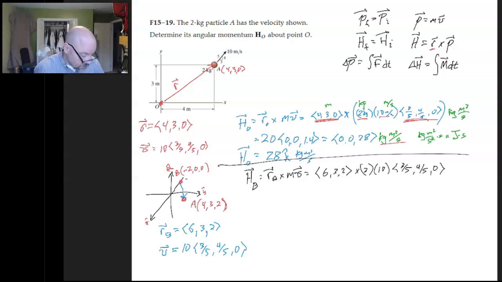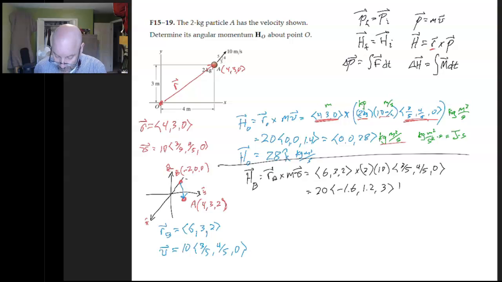Once you do that, we still have the 20 out front, but the cross product of the two vector parts is different. So we get minus 1.6, 1.2, 3.